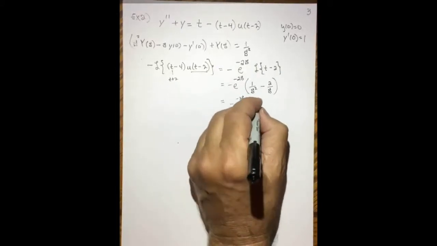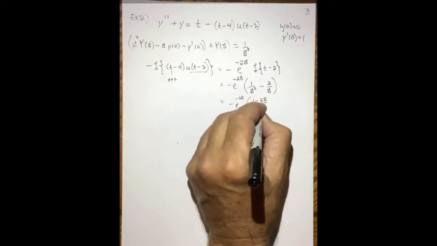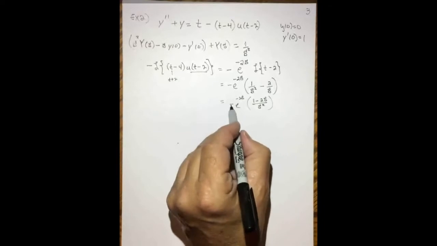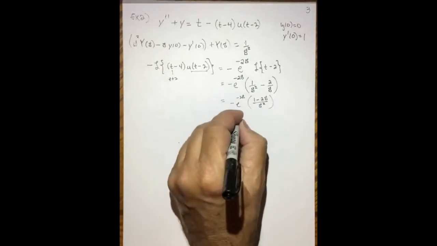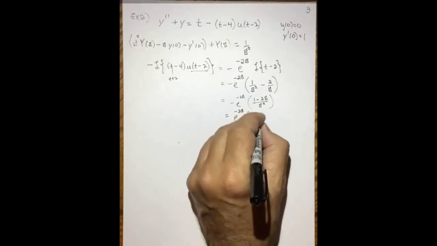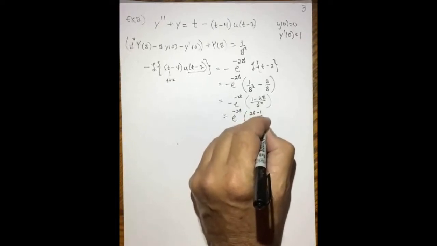If we get a common denominator, we have 1 minus 2s over s squared. And then what I'm going to do is eat that negative sign. I don't like those. So I get an e to the minus 2s times 2s minus 1 all over s squared.